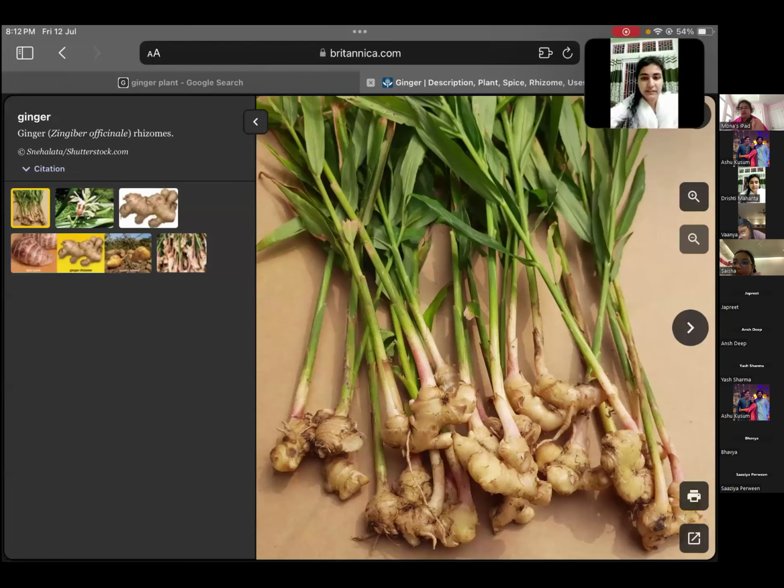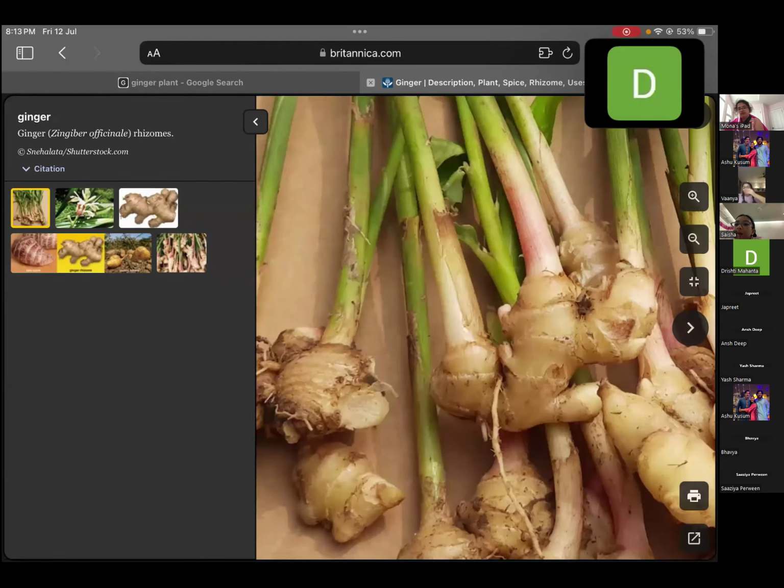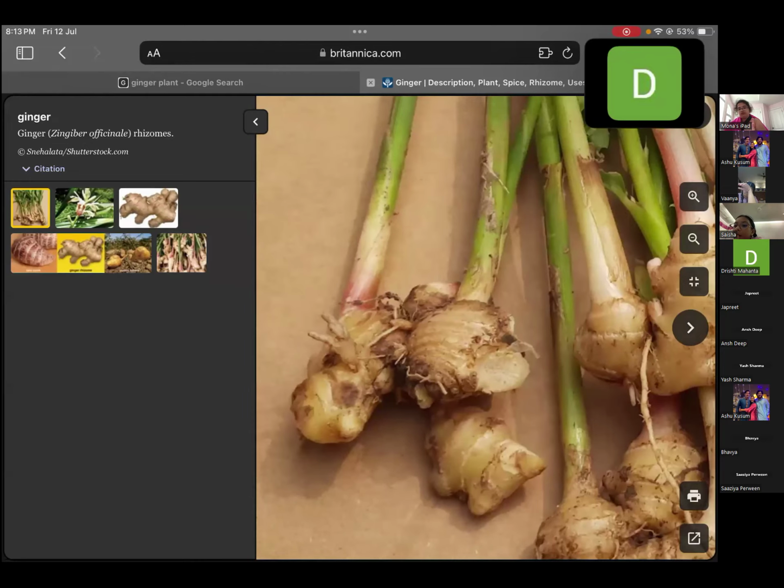See, ma'am, this is the ginger plant. The leaves we hardly use. The bottom part under the ground, and the roots, you can see the roots also now, but we are using this part.